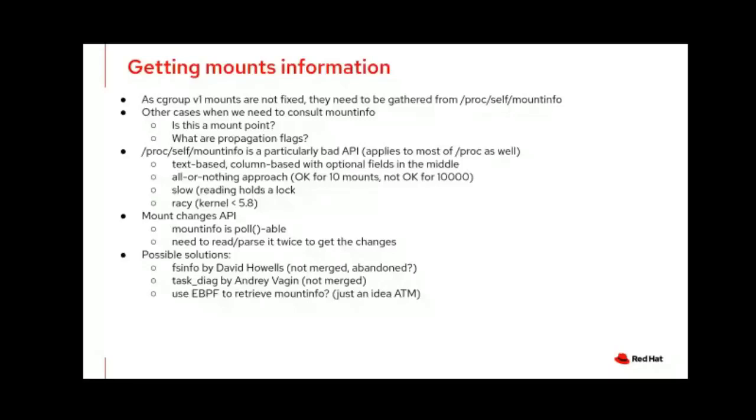The kernel holds various locks inside, and you cannot mount at the same time as you're reading mountinfo, as the kernel serves the next page of /proc/self/mountinfo. So it's slow, and it used to be racy. For example, you read the mountinfo and not all the mounts were in the file because there was a race in the kernel, which was fixed. So sometimes you have to read it twice.